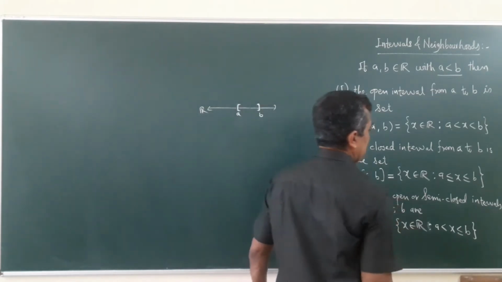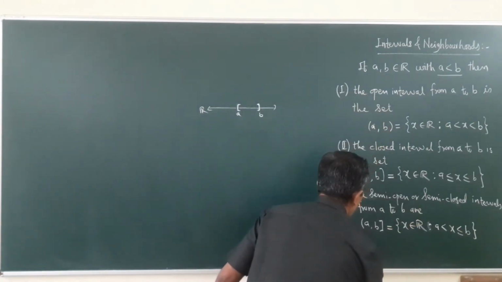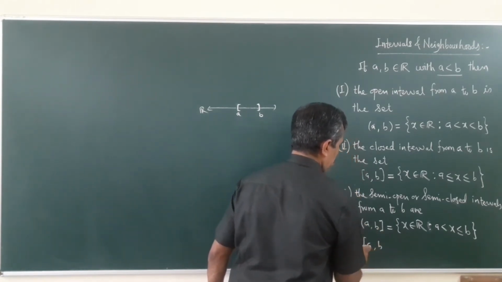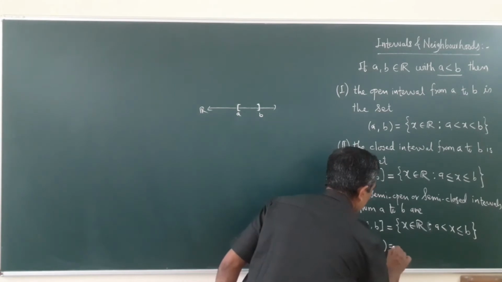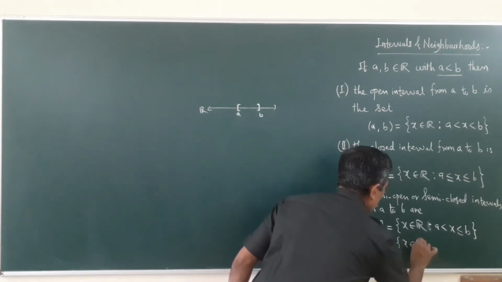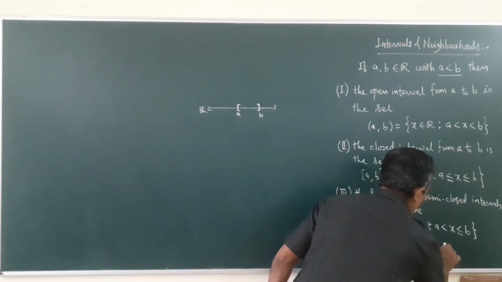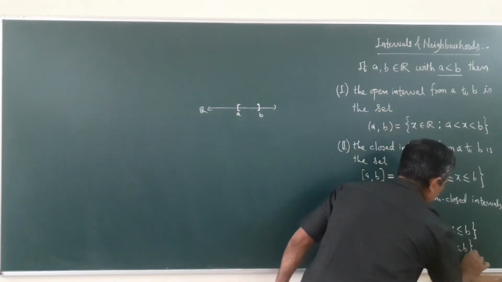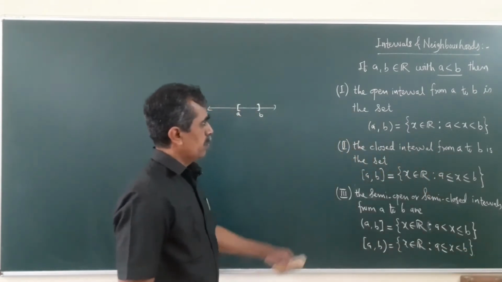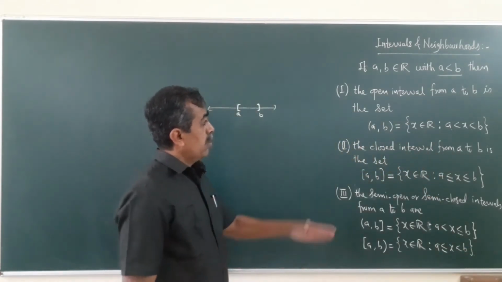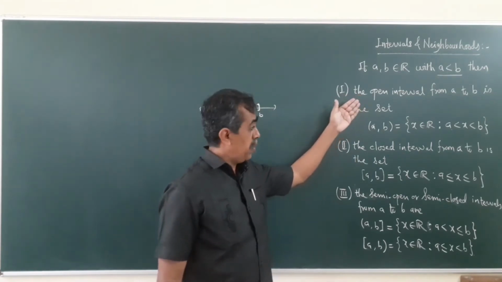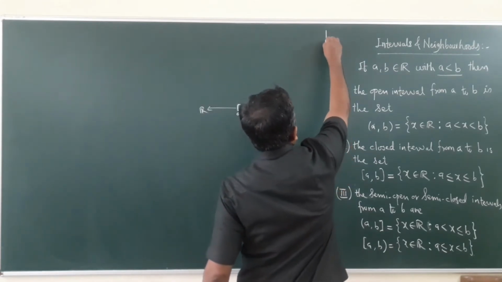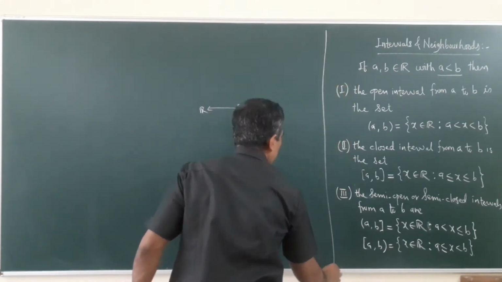This is called an open closed interval and this is called a closed open interval. It is again x belonging to R such that it is closed to the left hand, so A is less than or equal to x and x is less than B. So these are the intervals: open, closed, open closed or closed open.